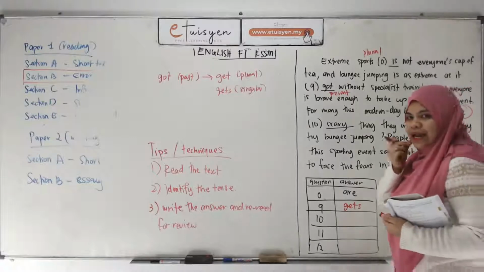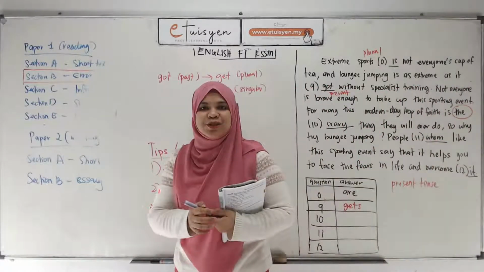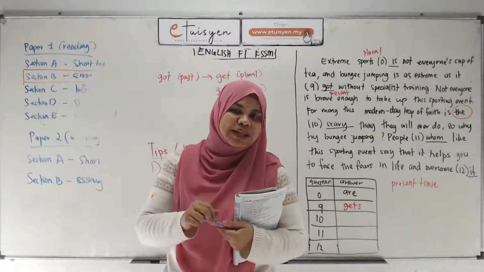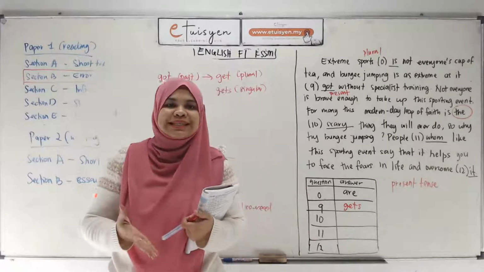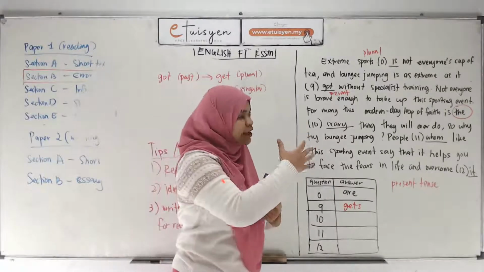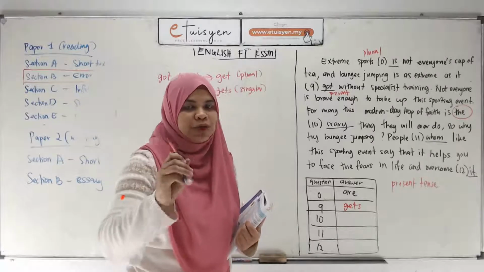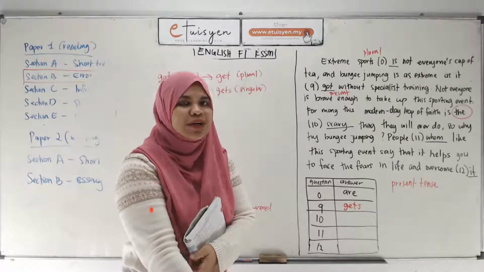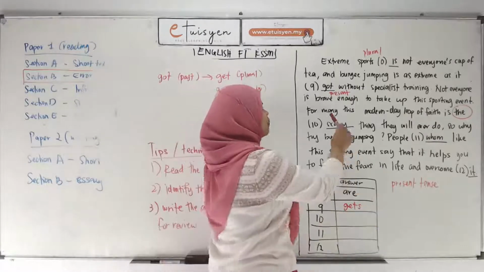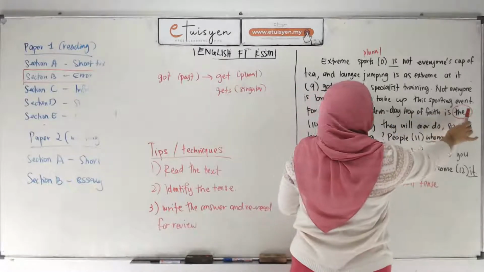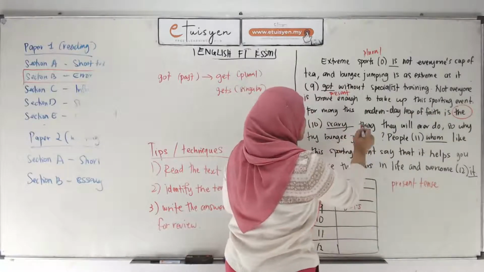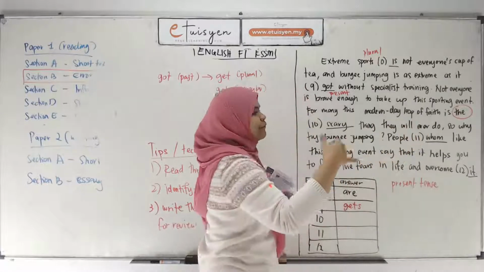Now, remember when I taught you guys the superlative, the positive and the comparative. So here you have to look, remember the formula? That's why the formula that I gave you guys, this is where you're going to use it. For many, this modern day leap of faith is the scary thing they will ever do.